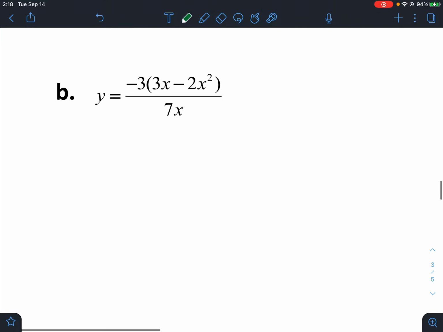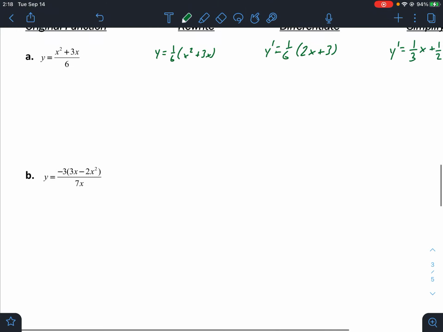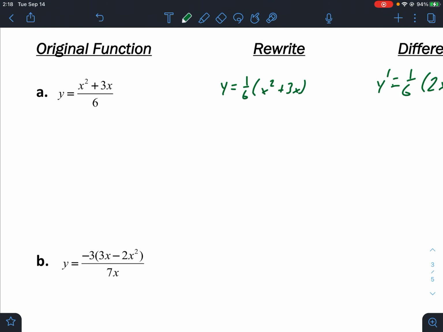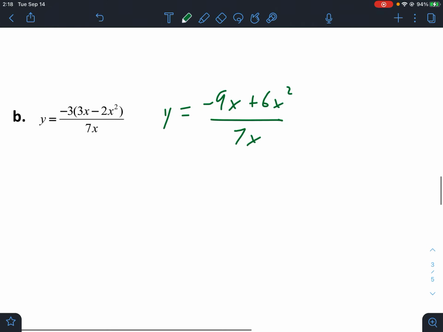Same thing is true for b. You might be thinking, well, that's definitely a quotient, but we don't need to use a quotient rule for that. Let's start by rewriting it. I'm just going to distribute the -3 first. And right now it still looks like a quotient rule problem, but we've done these problems before without the quotient rule.